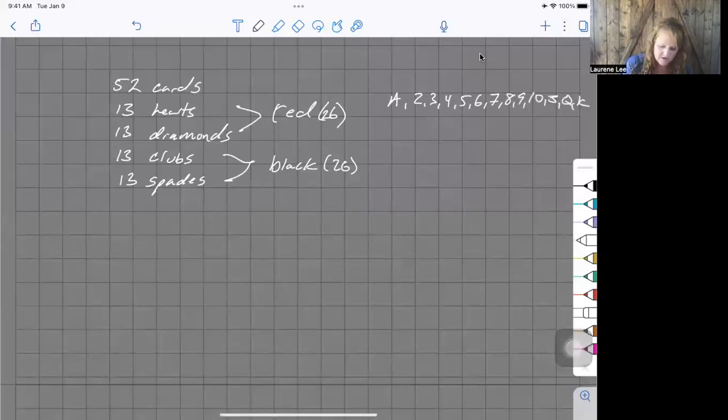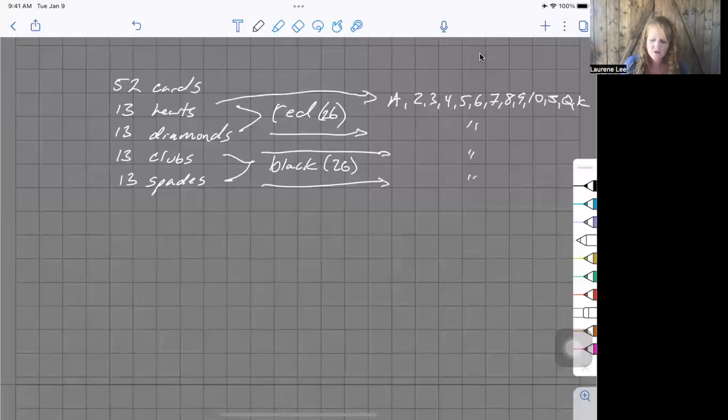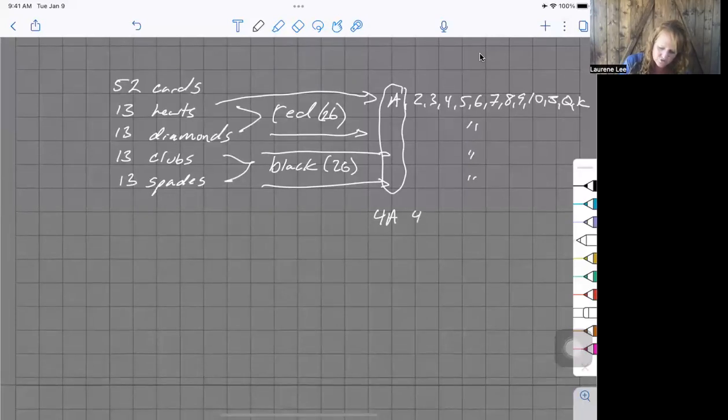Okay, so there is one of all of these in hearts, one of all of these in diamonds, one of all of these in clubs, and one of all of these in spades, which means that for each number, there's 4 of each number. So there's going to be 4 aces: 1 heart, 1 diamond, 1 club, 1 spade. There's going to be 4 2s. There's going to be 4 3s, and so forth all the way up.